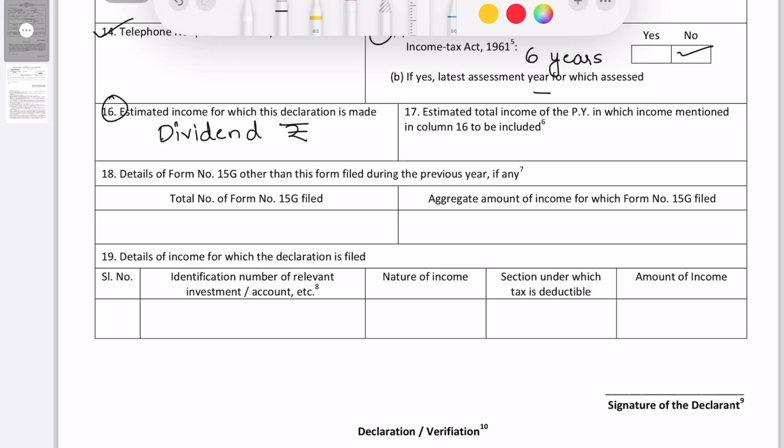But usually, in a normal course of things, if the dividend amount is less than 5,000 rupees, mostly companies do not deduct TDS. So that is one thing that you can rest easy about.